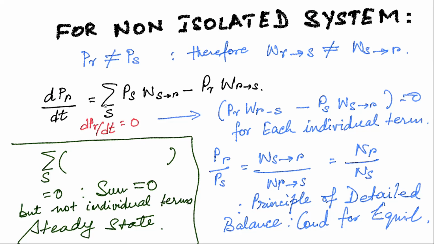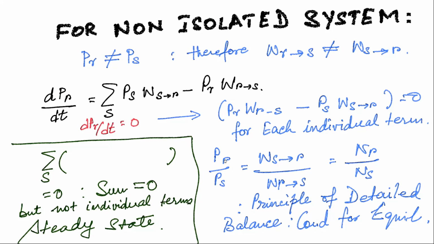That is, each of the terms under the summation, suppose you had a bracket here, so each of the terms, PR into WRS minus PS into WSR, has to be identically equal to 0 for each of the individual terms.